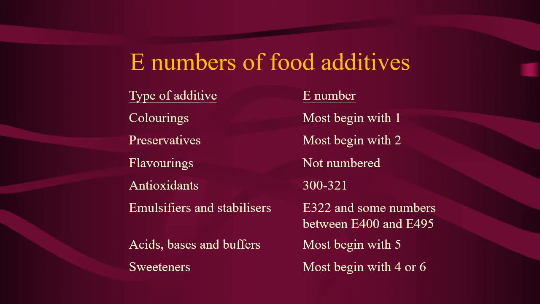And antioxidants always start with 300 until 321. So emulsifiers and stabilizers will be E322 and some numbers between E400 and E495. Acids, bases, and buffers usually begin with number 5, and most sweeteners usually begin with number 4 or 6.